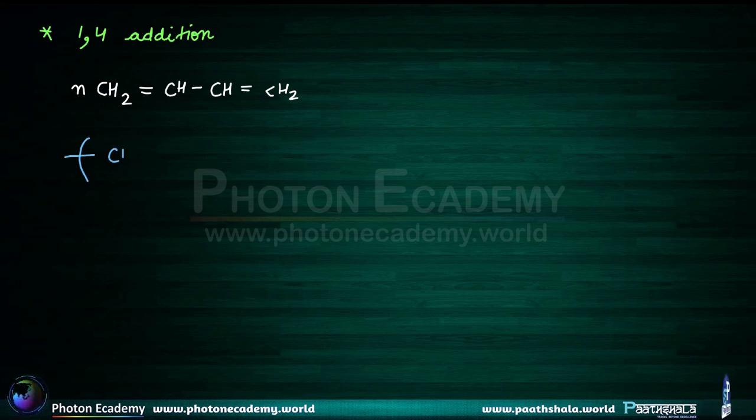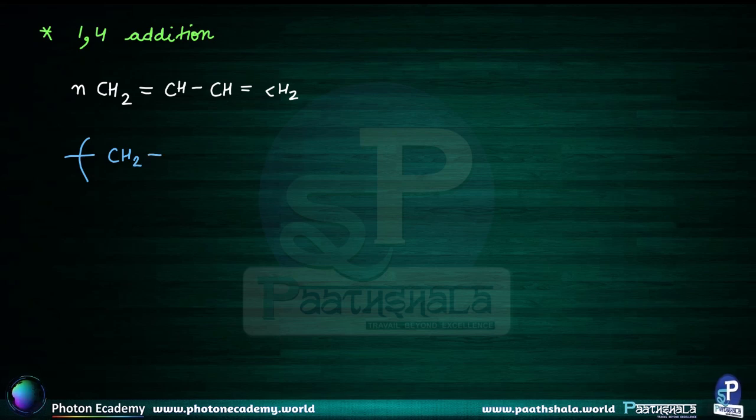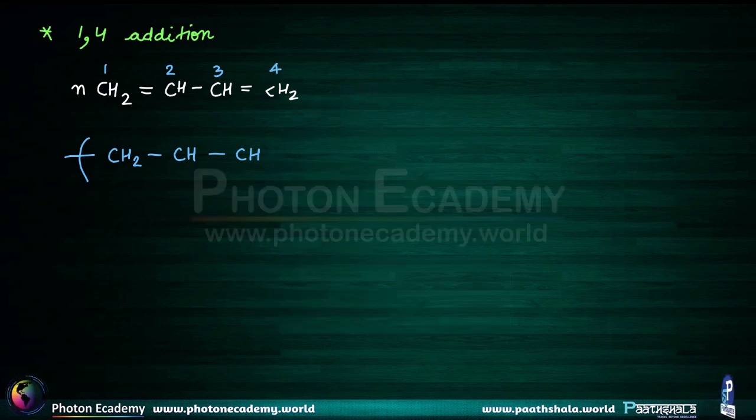So we get CH2, CH. Now what happens is that, let us name the carbons 1, 2, 3 and 4. The double bond between 1 and 2 breaks and gets attached between 2 and 3. So we have a double bond over here.